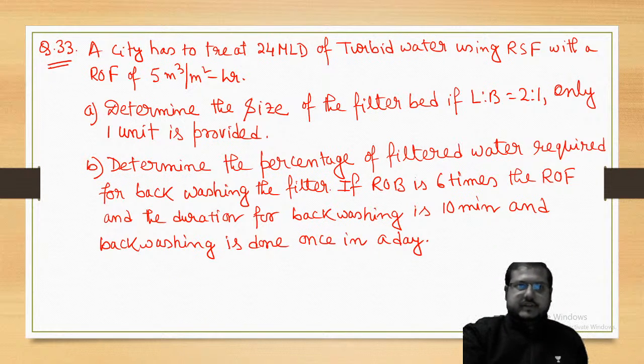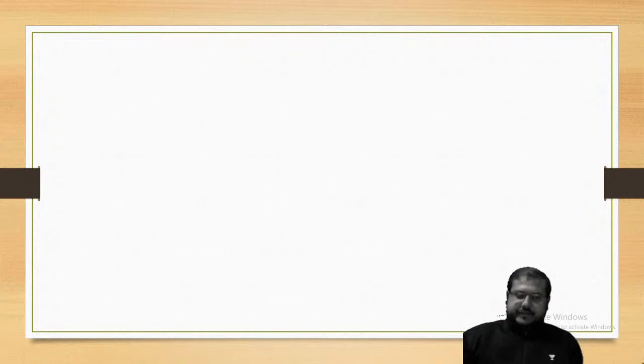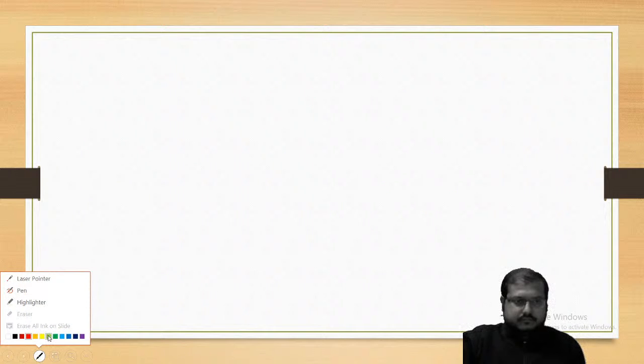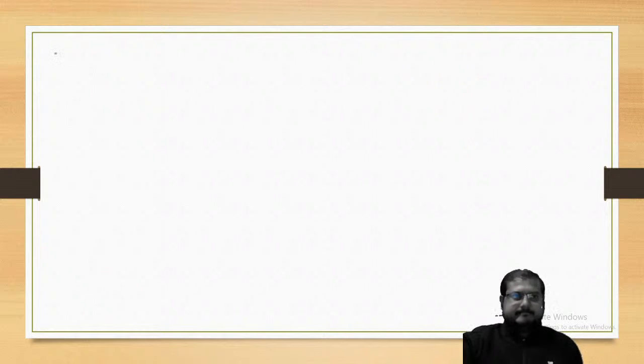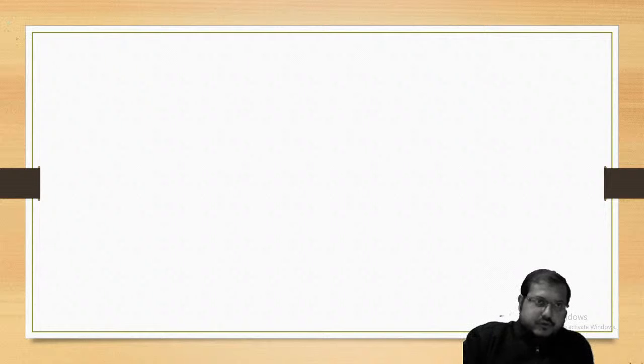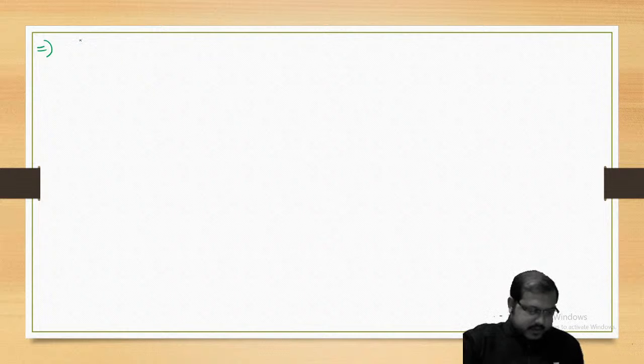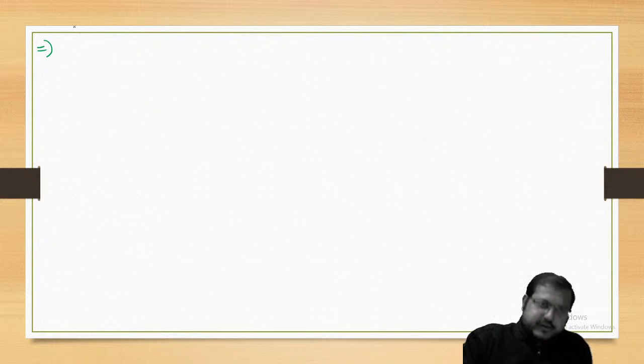So let's solve the question. So what is given here? So for this question, Q is given as 24 MLD, right?